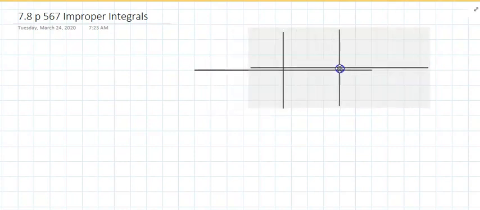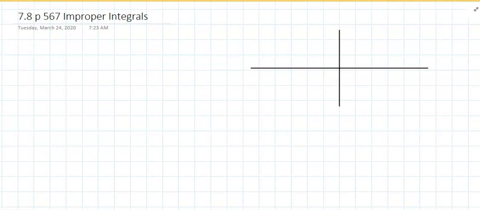Suppose I'm looking at f of x equal 1 over x squared, and I am interested in the integral from 1 to t of 1 over x squared dx.